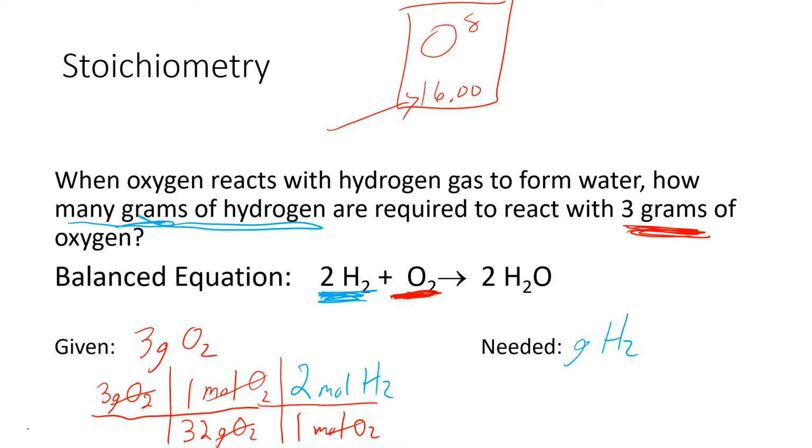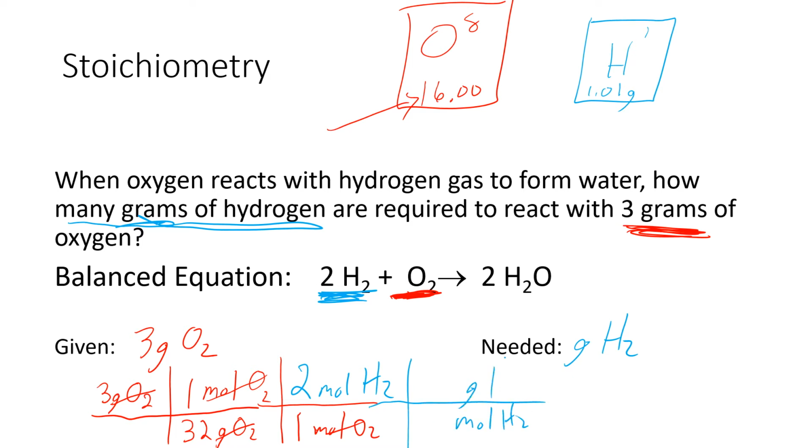But we need to go to grams of hydrogen. So again, we're going to need to consult our periodic table, and on the periodic table, hydrogen, which is number 1, will have basically 1.01 grams at the bottom. So to get rid of moles of hydrogen and get to grams of hydrogen, we're going to use 2 times this 1.01 because it's H2.